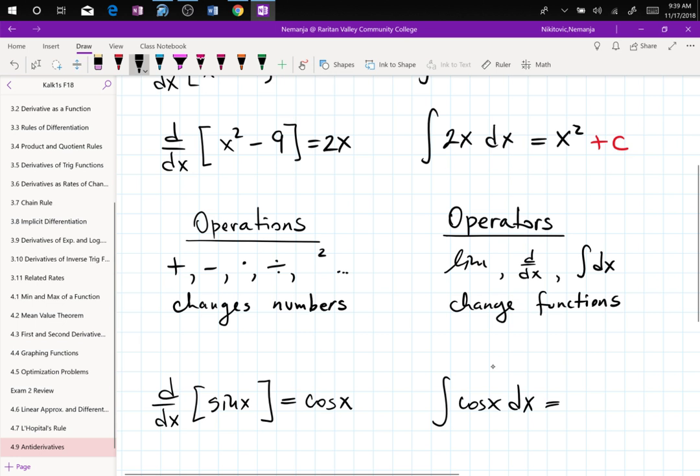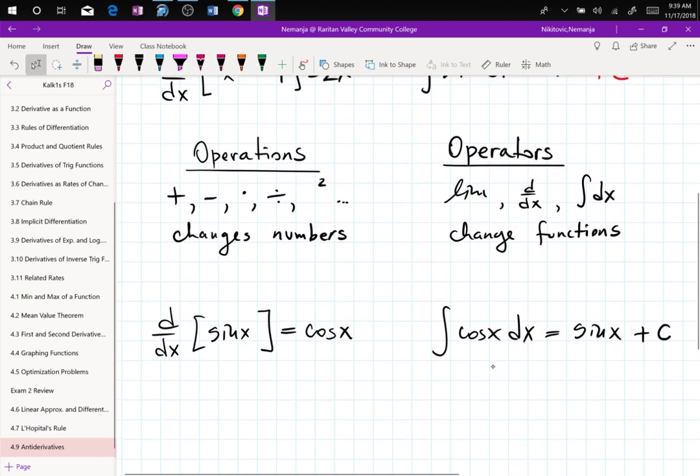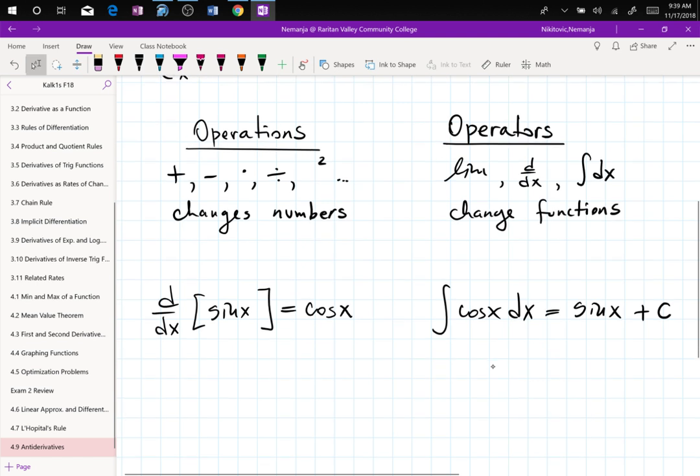It will just be sine x plus c. This plus c is not there for decoration. You always have to have it. So technically, if I know my entire derivative chart, I know my entire integral chart.